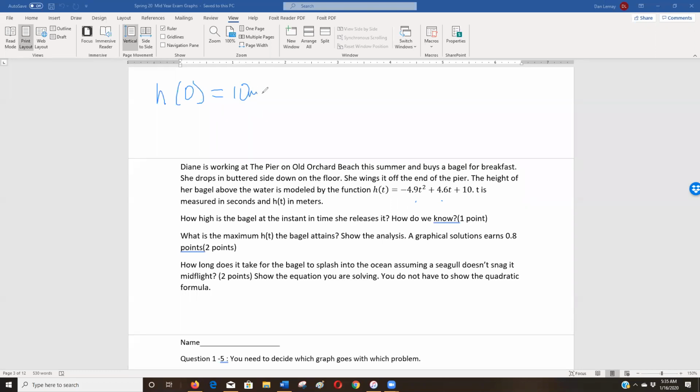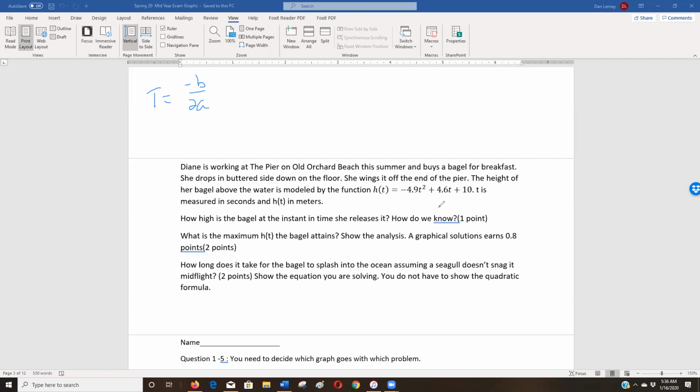Yes, that's 10 meters. Then to find the maximum height, well, because this is a parabola that opens down, because that leading coefficient is negative, I know the vertex will be the maximum height. And some of you graphed it and did it that way, and sure, that is one way to do it, except I was looking at the analysis. So you've got to remember that formula that says x or t equals -b over 2a, which is the x coordinate of the vertex.